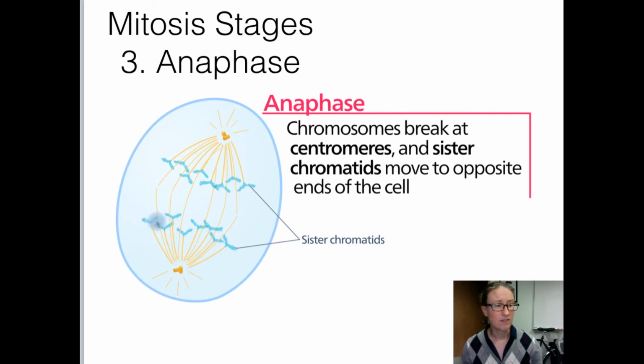So each of these sister chromatids is a single piece of DNA, and when it has separated from its identical sister chromatid, it's also now referred to as a daughter chromosome. So it's now a chromosome that's made up of just one piece of DNA after it has split from its identical sister. We'll talk a little more about that in lecture.